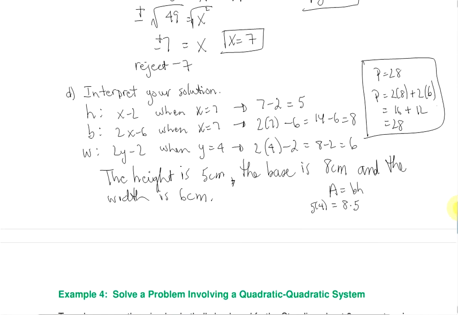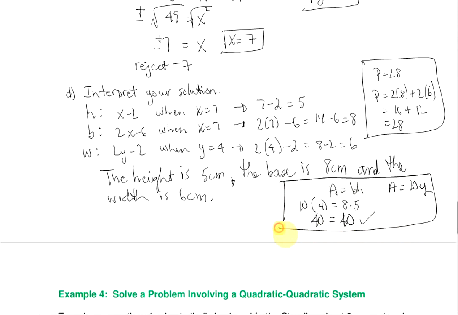Oh, sorry. It's 10y. Right? The area was 10y. Okay, so that gives me 40 equals 40. And that's correct. All right, so you've checked, and you know you are correct.